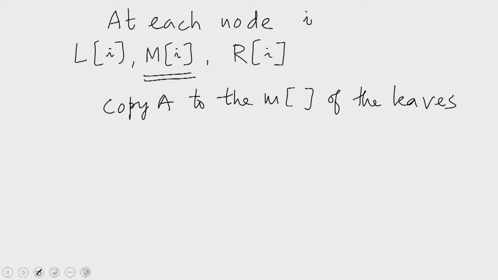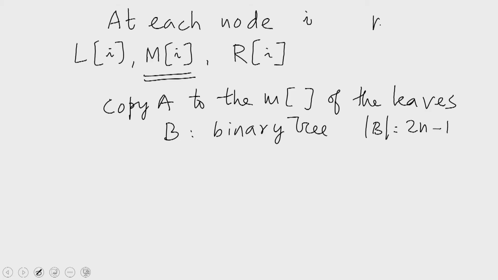So, we have an array B in which we will hold the binary tree as in the previous algorithm. This array B has a size of 2n minus 1. A full binary tree of n leaves will have 2n minus 1 nodes.